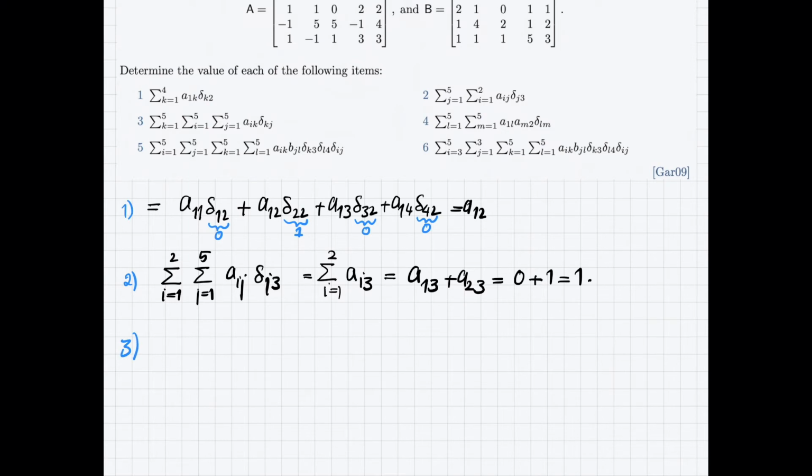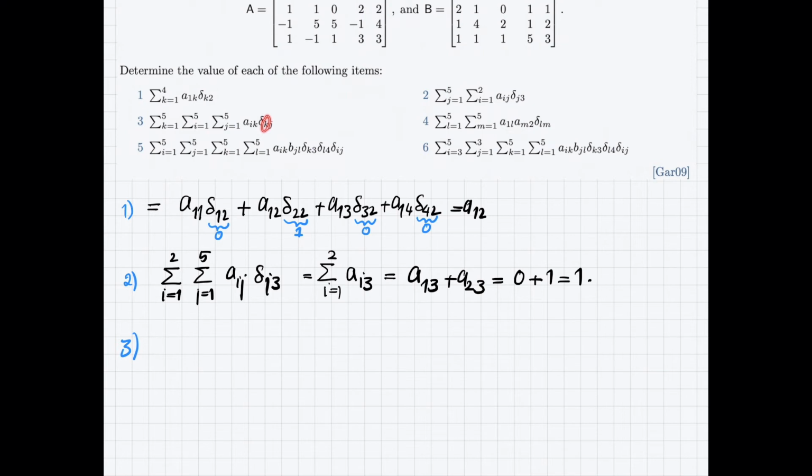So in number 3, I have 3 sigmas. Let us see how it goes. Here, the sigma which is close to delta depends on j, and j is one of the indices here. So I can eliminate these two, but I need to be careful that the second index is in the range of this sigma. The range of this sigma is from 1 to 5. The second index is k.